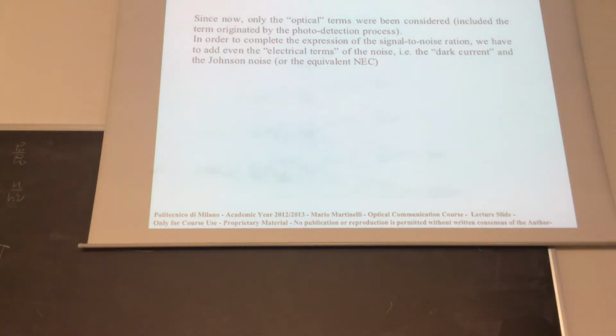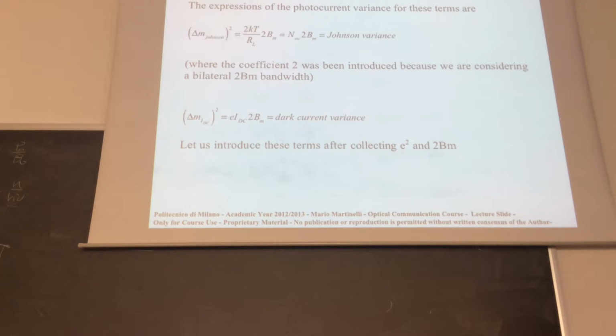And then what happened? Those are only the optical terms. If you consider the electrical noise, you have to add the dark current noise and the Johnson noise, or the thermal noise, in this term. We already saw the expression for the Johnson noise is 2kT divided by RL times 2Bm, and the expression of the dark noise is the dark current variance times 2Bm.